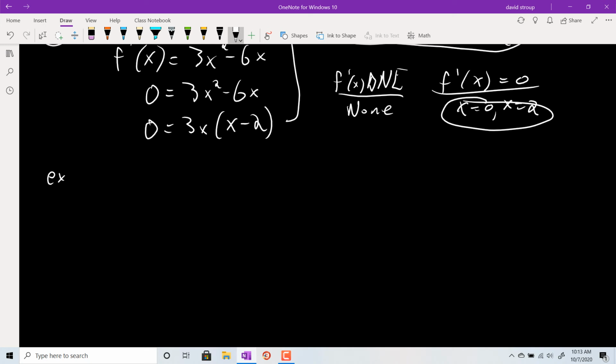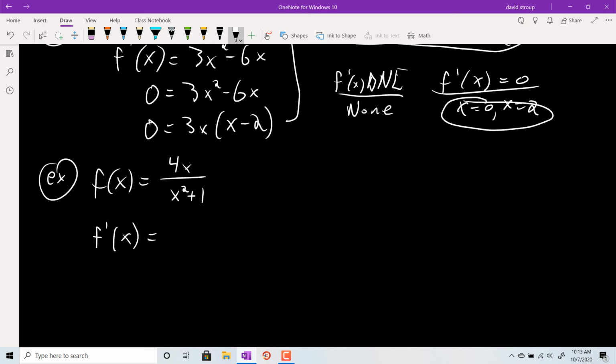For example, let's say f of x equals 4x all over x squared plus 1. So f prime of x will be low d high minus high d low, all over the low squared.